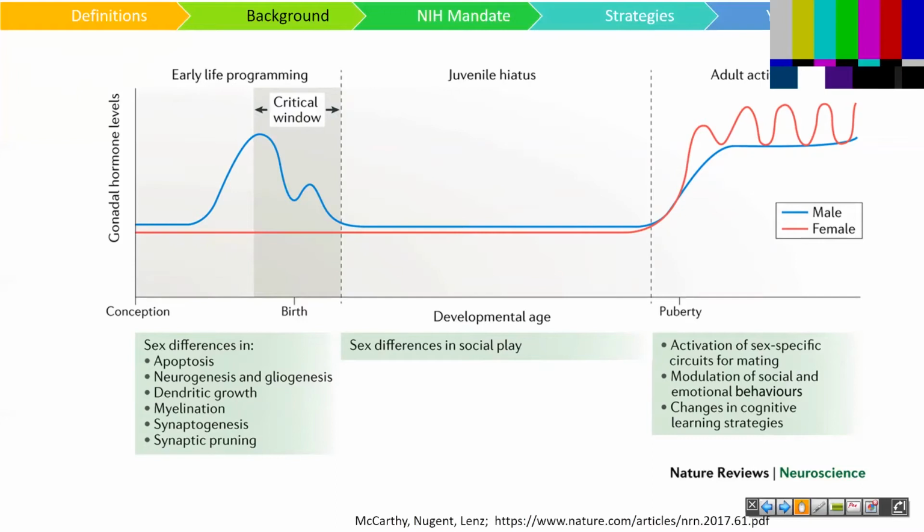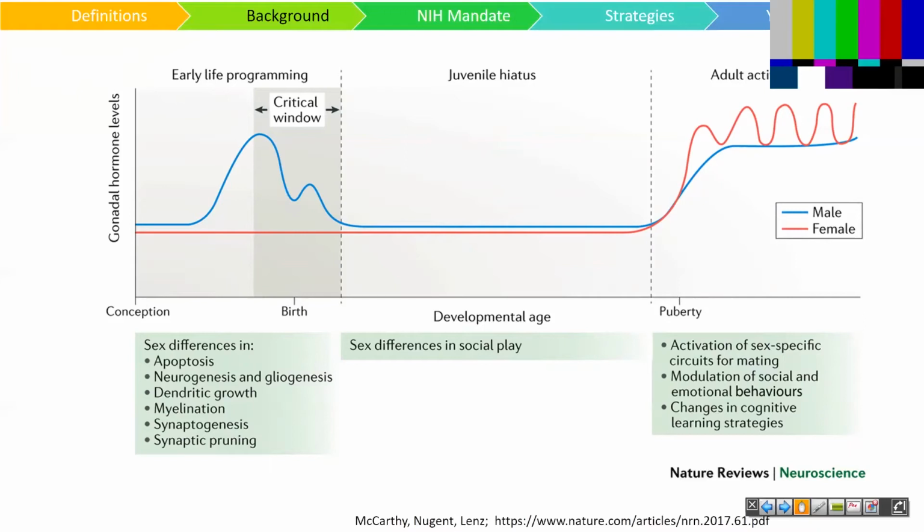Males prior to birth have a surge in testosterone that then wanes as they approach the juvenile phase, while females are pretty much at baseline for that whole early developmental period. Then puberty hits and males have an escalation in testosterone, while females begin the cyclical pattern of the menstrual cycle.